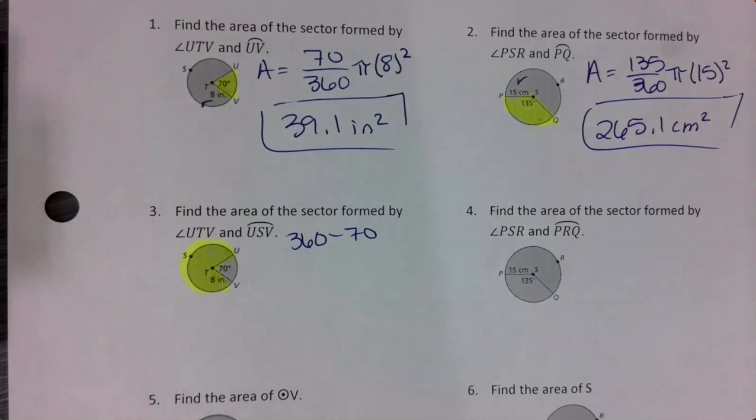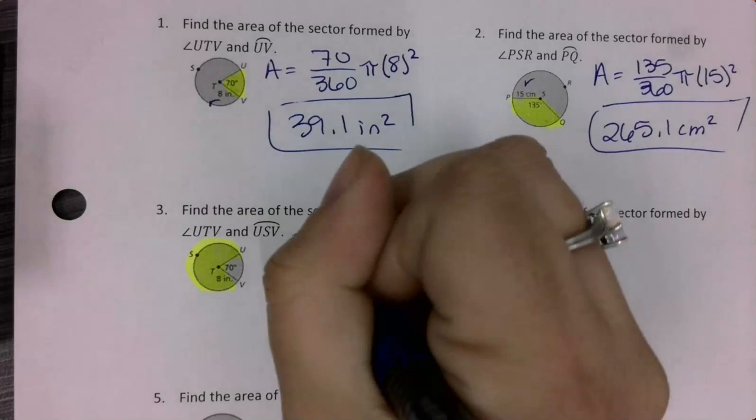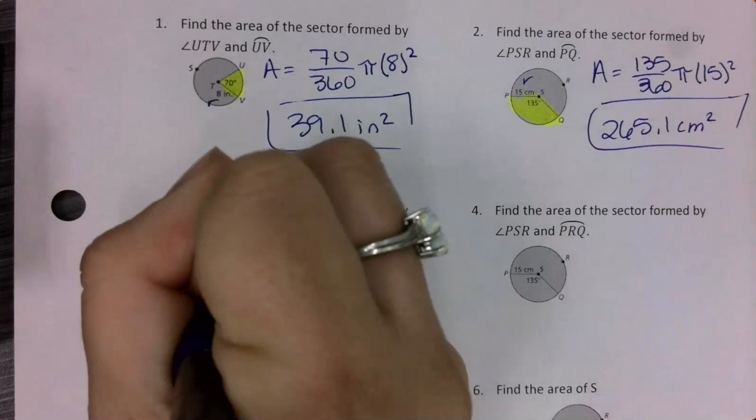to find the measure of the yellow one. That's going to get me 290. So that is the measure right here.